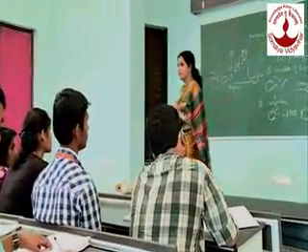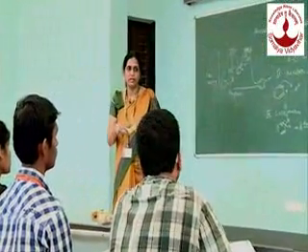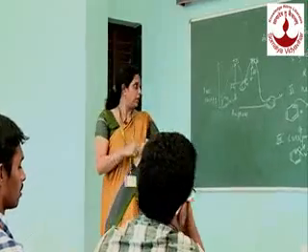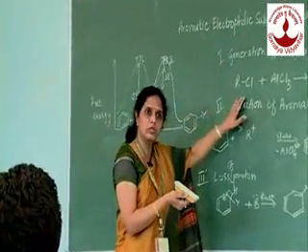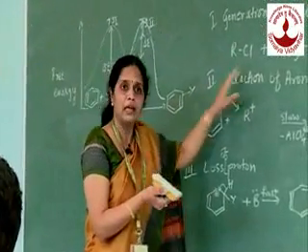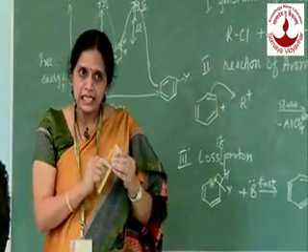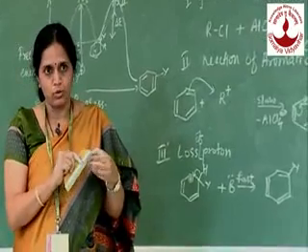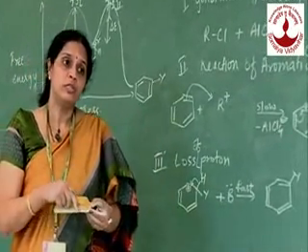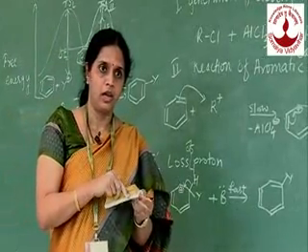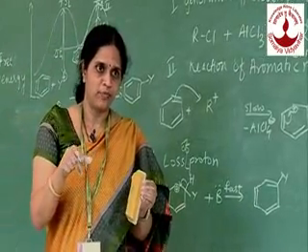Now there are some modifications of Friedel-Crafts reaction. You can use different alkylating agents. In this case, I have used alkyl chloride. You can also use an alcohol like ROH.